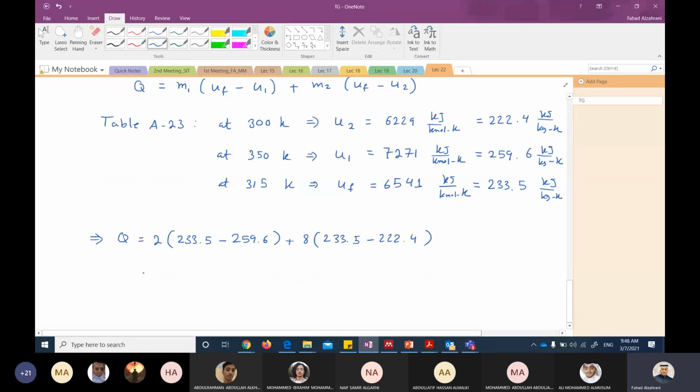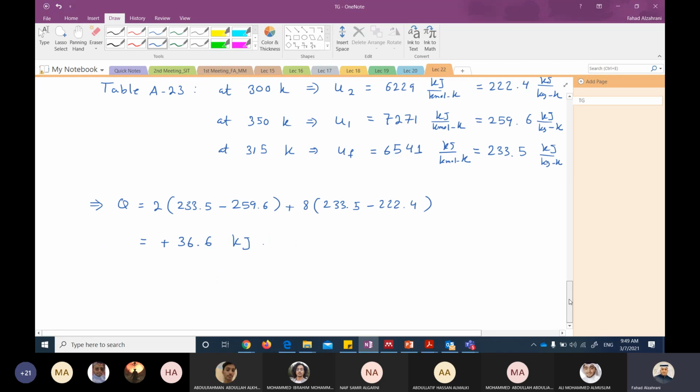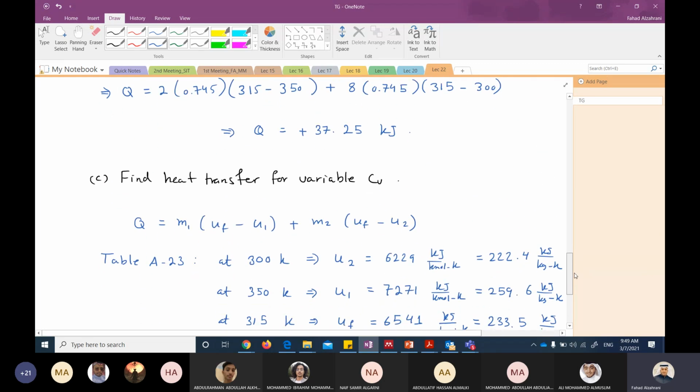Do you expect it to be far or close? Is it gonna be very far from the first method? So this gives you a value of plus 336.6 kilojoule. Okay, so there is a slight difference. So this is 37 and this is 36.